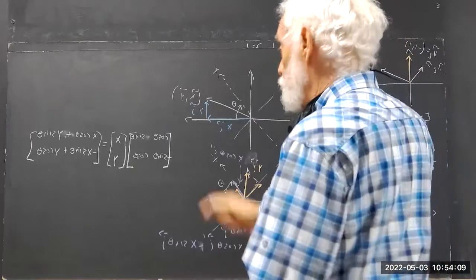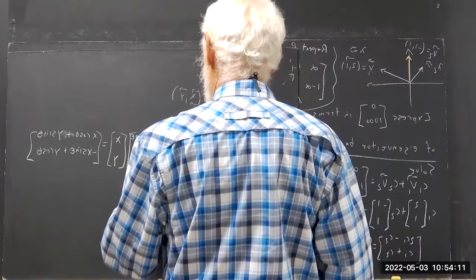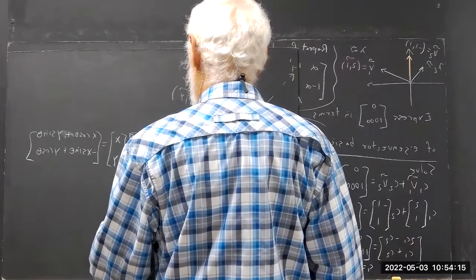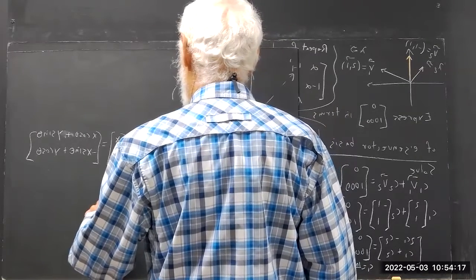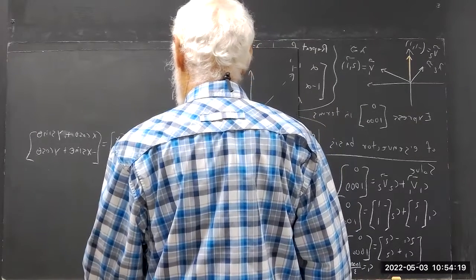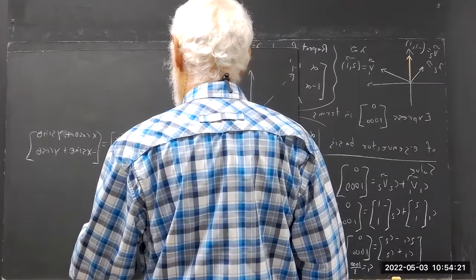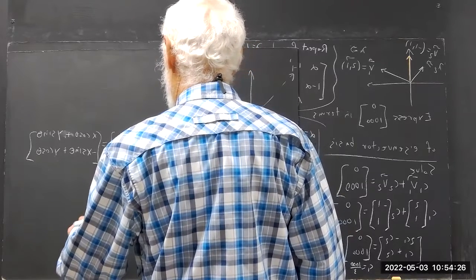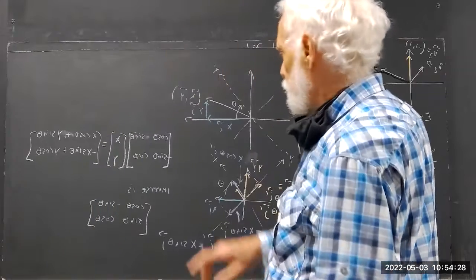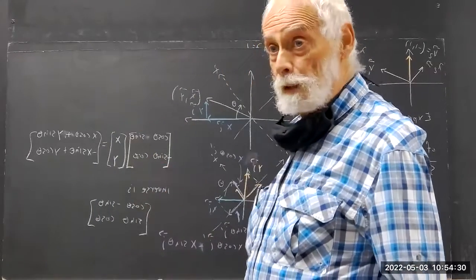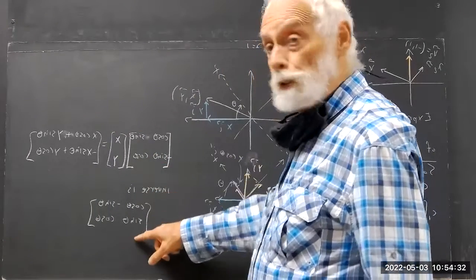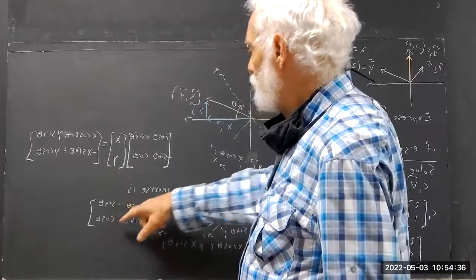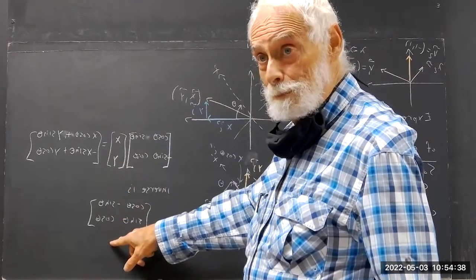The inverse of this matrix is this, which you can see by multiplying this row by this column.